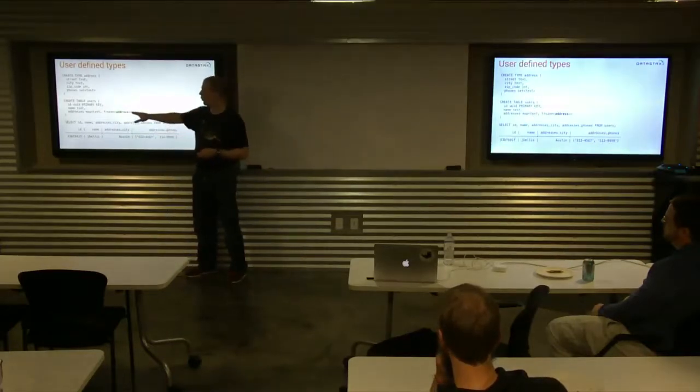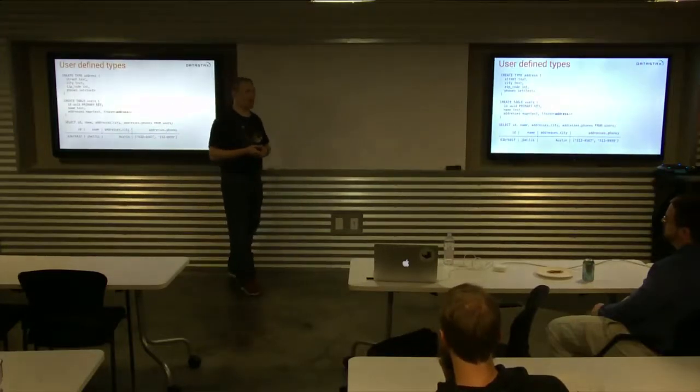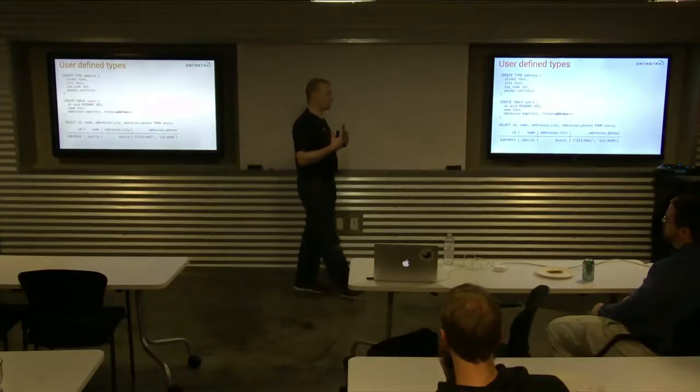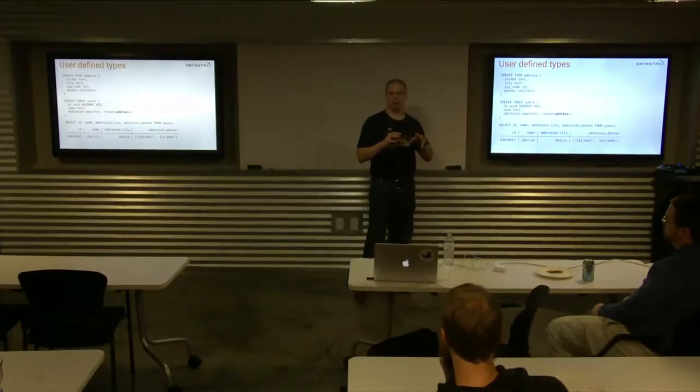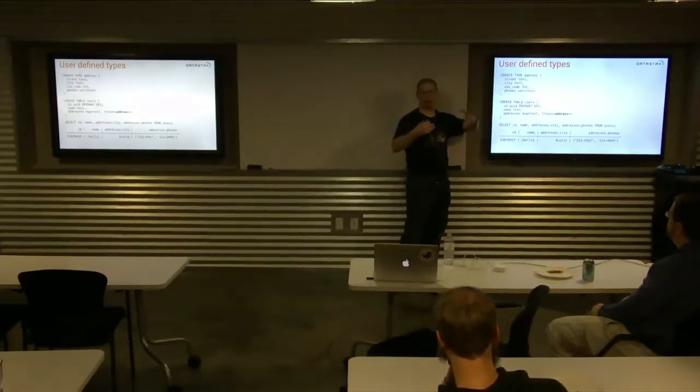One thing to note here is that I've added this frozen keyword. That says that the address will be written out as a blob. So I can't just go in and say, update users set addresses home dot street equals something. I can't do that. I have to set the entire address to a new value.